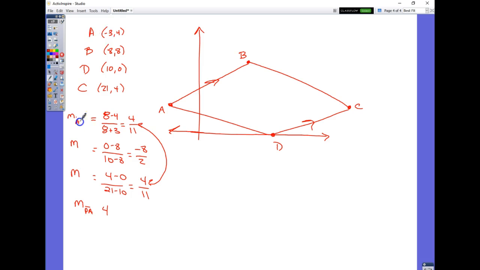This is definitely AB. This is BD. This one right here was CD. So AB to CD, those are parallel. The missing one is DA. So now that I've got that labeled correctly, we can do 4 minus 0 over -3 minus 10.